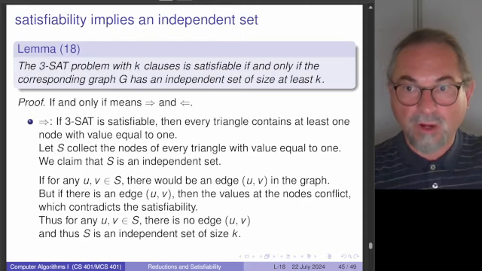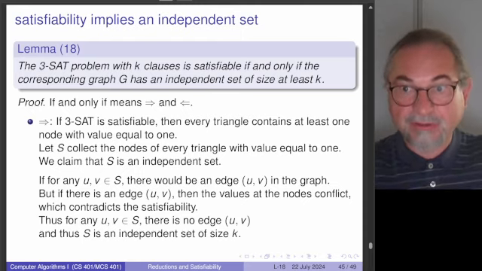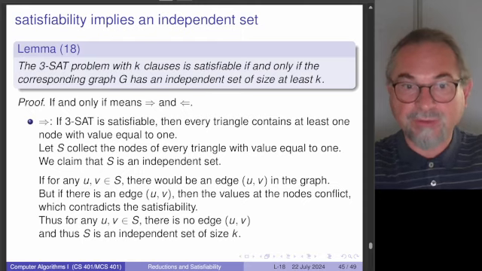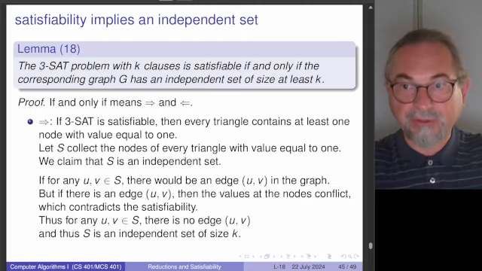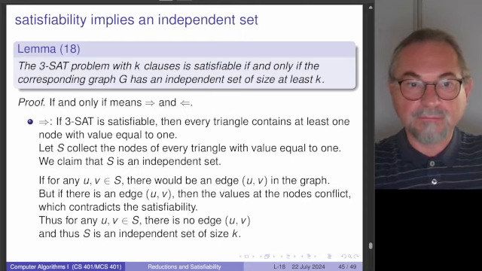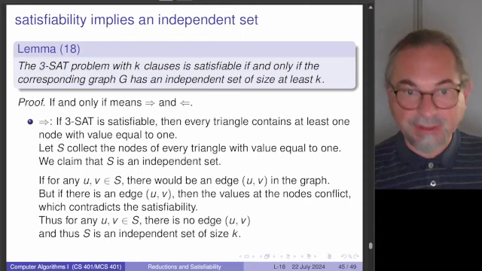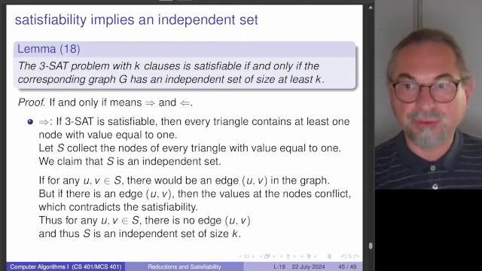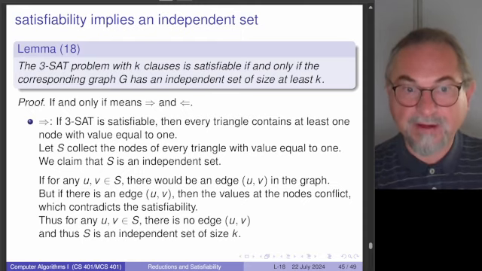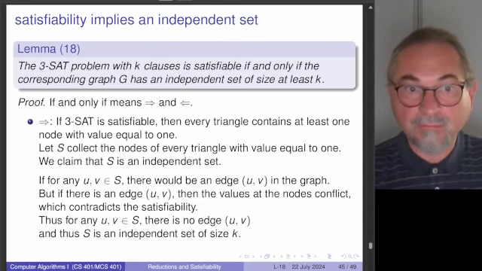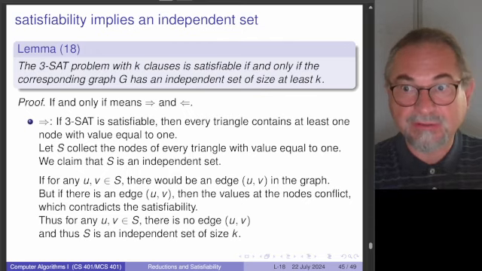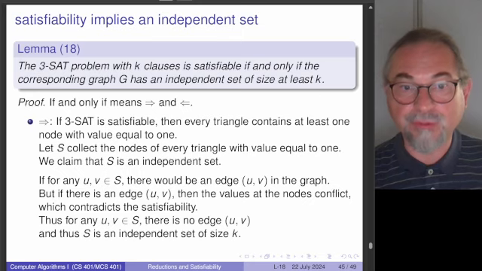So if we have a 1 in one clause, then the corresponding connected term should have the value 0. So it can't, but we selected only those vertices from every triangle for which we had a 1. So that means that there can't be any edge between two vertices that we picked. Okay, so from the solution of the 3-satisfiability problem, we have computed an independent set.